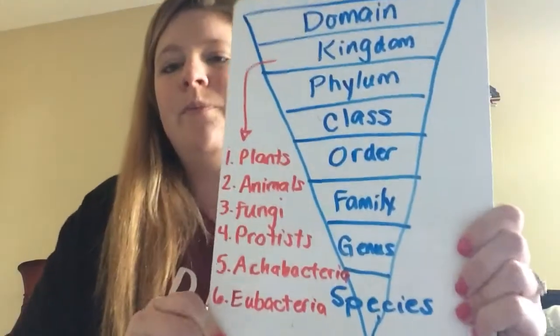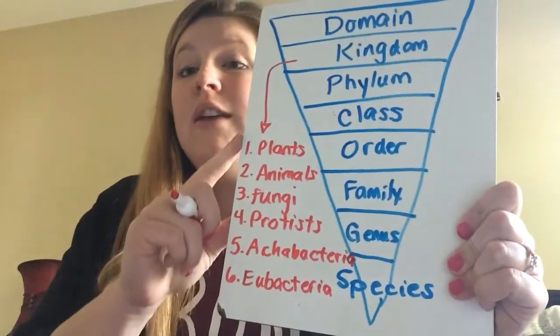Animals, fungi, protists. So you got some fancy words going on here. Archaea, bacteria, and eubacteria. That has to do with how many cells they have and are made up of. Okay, so here's your 5 kingdoms.